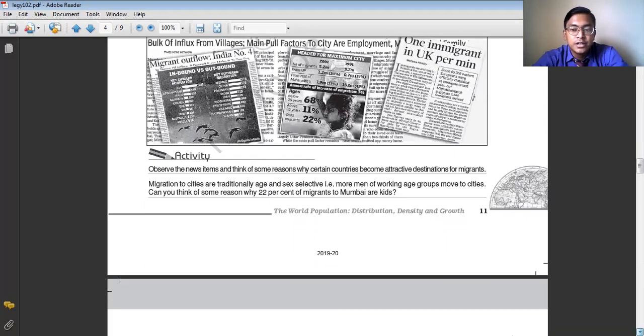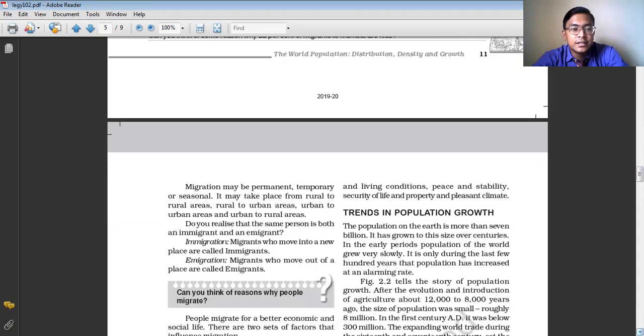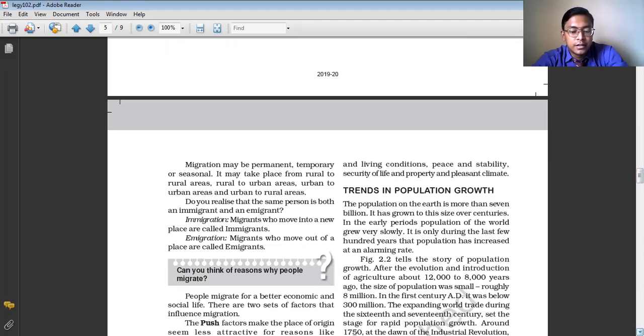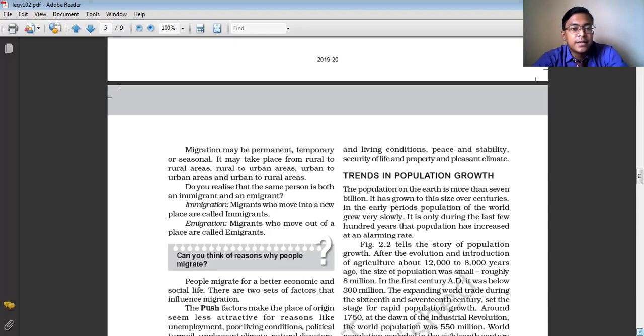Because there are certain areas in the world where resources are not enough, the people migrate from those areas to areas where resources are available. Like there are many areas where employment is not available, so people migrate from those areas. And where do they migrate? They migrate to those areas where employment opportunities are available.